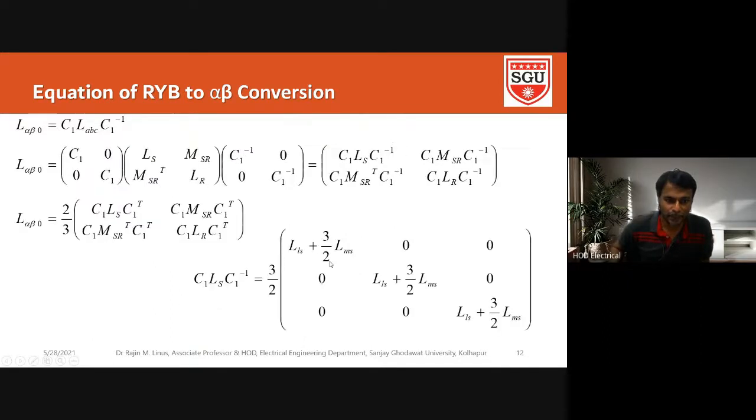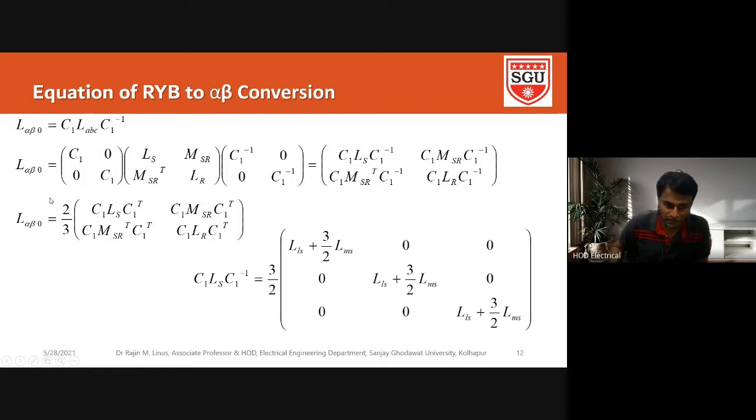Then for the inductance, we already know the inductance is C L ABC C inverse, where this C is not the C1 from what we did previously. If you substitute for the three-phase rotor and stator as well and multiply with all the variables, you will end up with L alpha beta naught equal to 2 by 3 times C1 LS C1 inverse transpose.